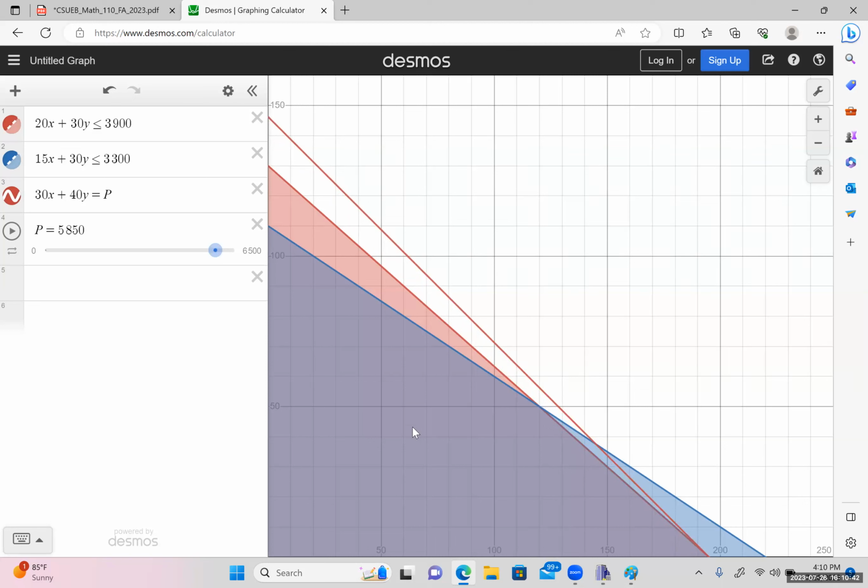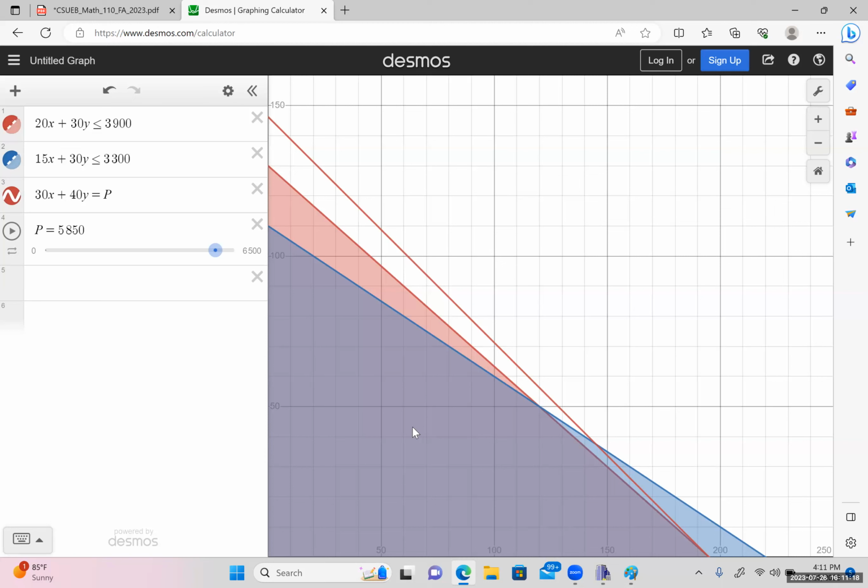So right now I come up with the idea that the maximum profit first needs to be in the feasible region, and it's supposed to touch the feasible region.